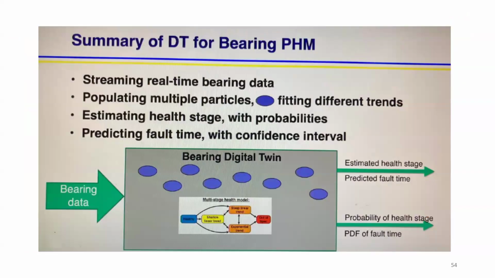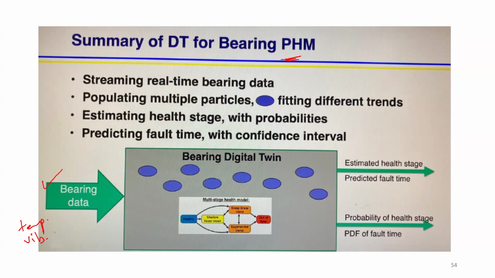So, to summarize this digital twin approach for predictive health monitoring of bearings, the system begins by streaming real-time bearing data, and this signal may be coming from temperature readings and vibration signals. A particle-based method is used to model the system.